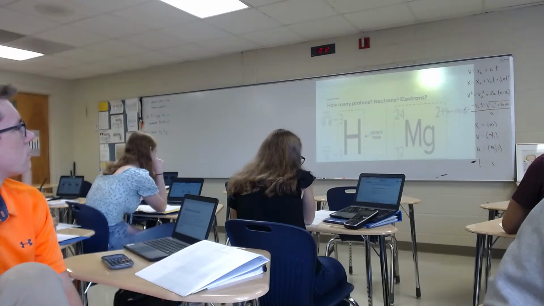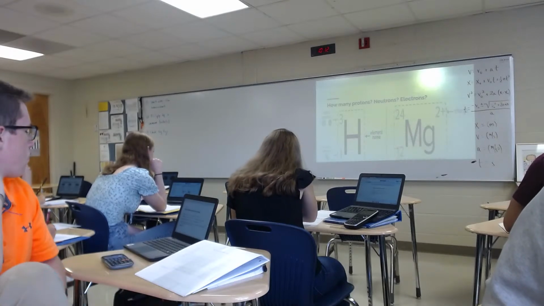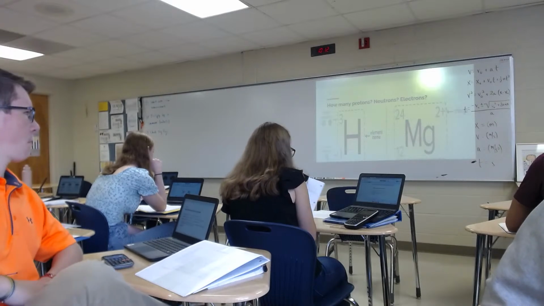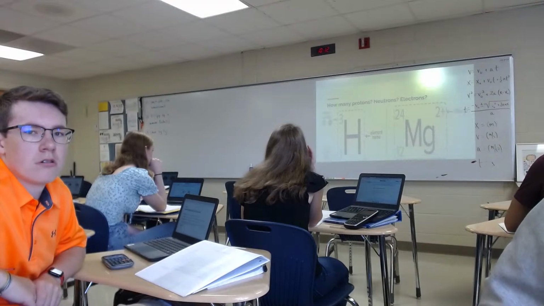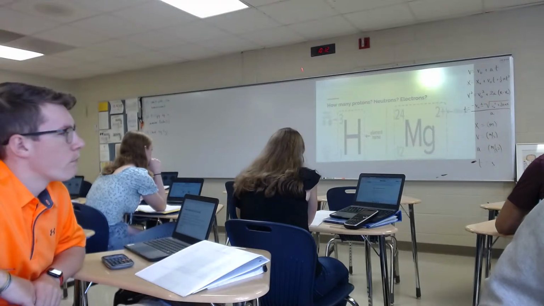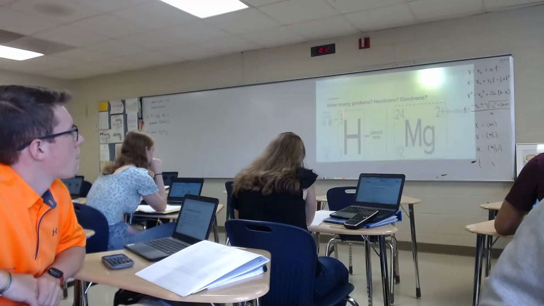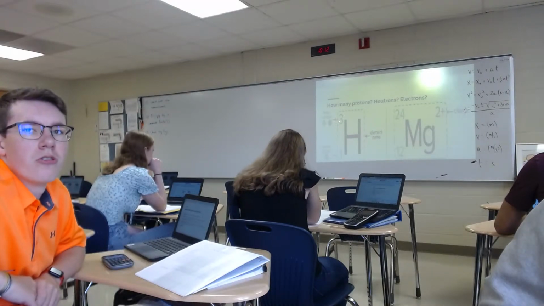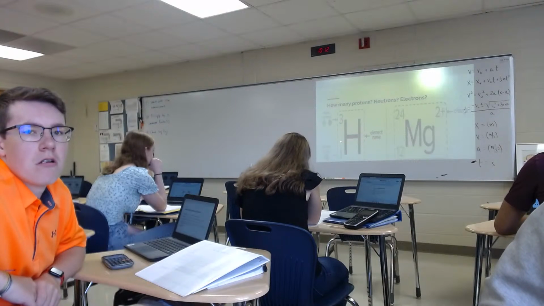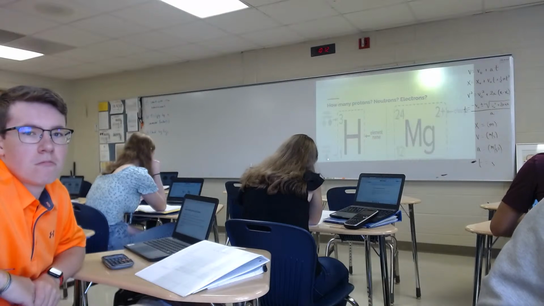Here's a more combined way to do it. There are two different elements. One is a neutral atom, and one has a charge. So here's how we can read this. This is hydrogen 3, also known as tritium. It is an isotope of hydrogen that has a mass number of 3. The atomic number of hydrogen is 1. So that means we have 1 proton and 2 neutrons.